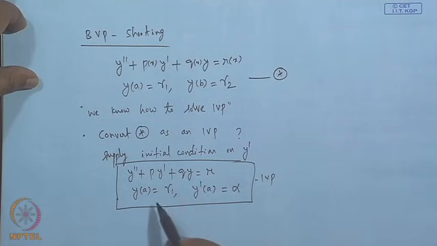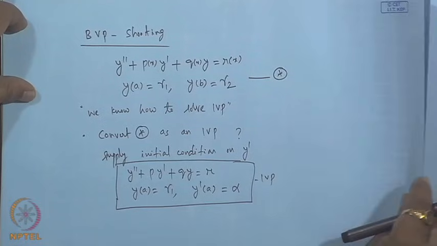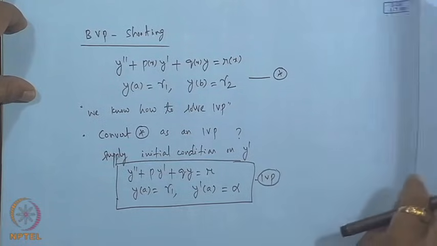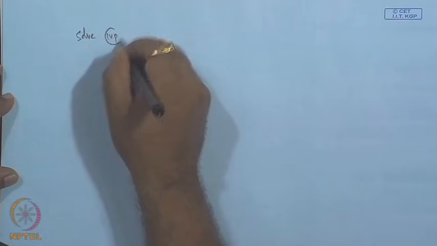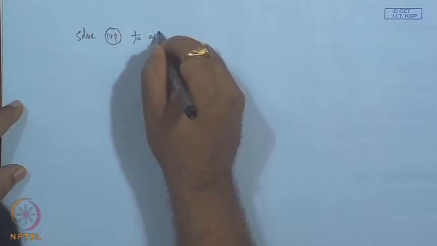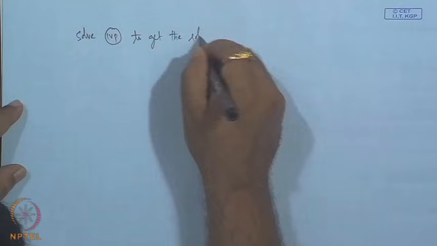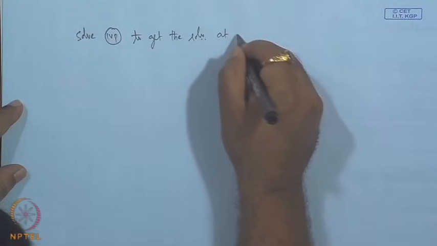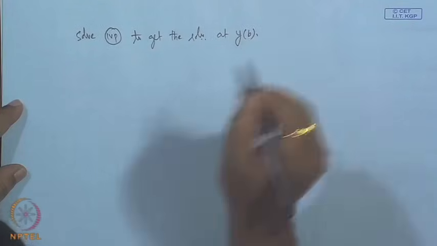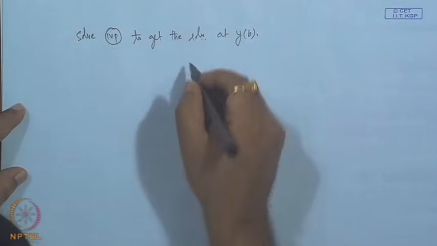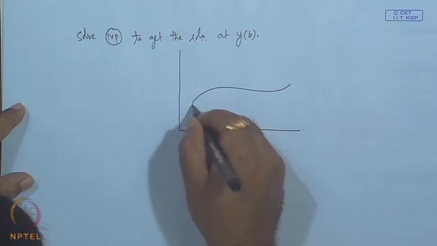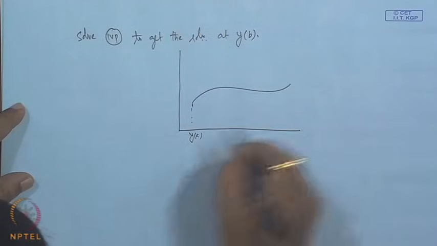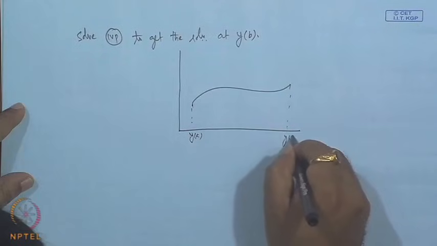Suppose we solve it, we can get the solution at any grid point. The idea is to solve the IVP to get the solution at the boundary point y of b. So, let us assume the end points: this is y of a, this is y of b.